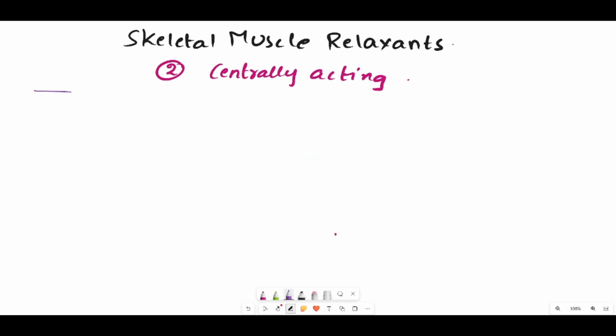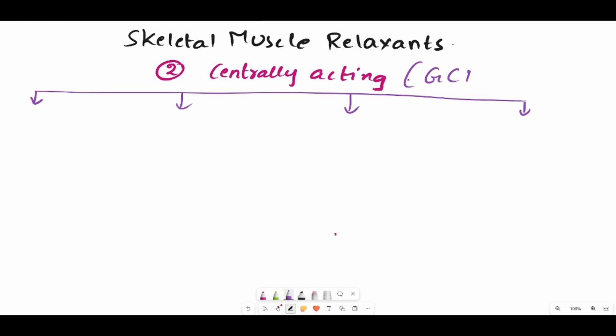Coming to the second class, which is centrally acting. The centrally acting class is also divided into four classes. To remember the four classes, just remember GCMB. Here G means it is GABA mimetic.